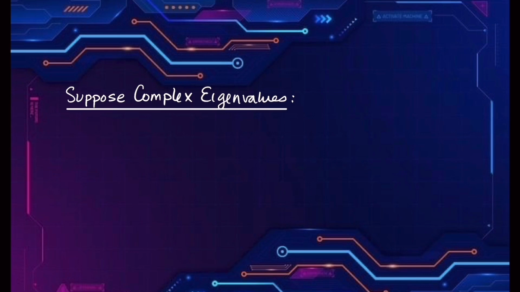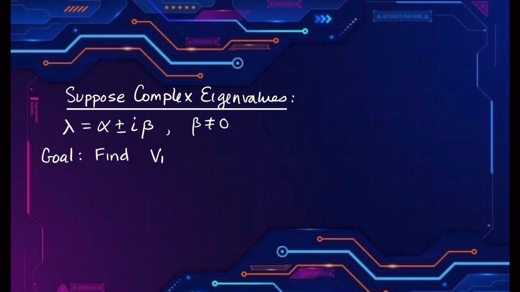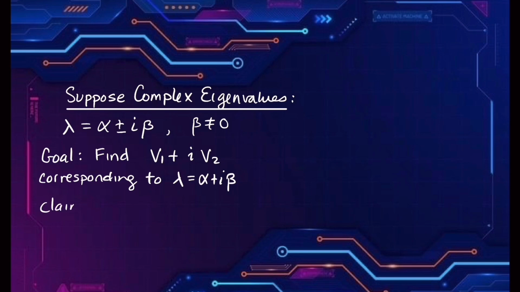Suppose we have complex eigenvalues. Those were the ones of the form alpha plus or minus i beta, where beta was not equal to 0. The goal was to find a set of linearly independent vectors v1 and v2, which are the real and the imaginary part vectors of our solution.